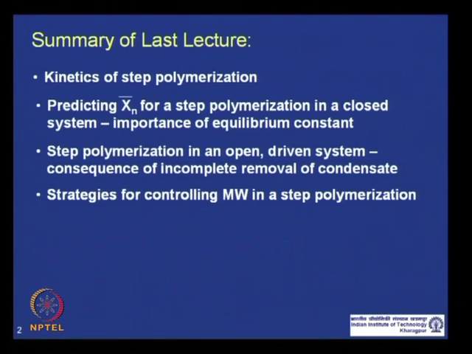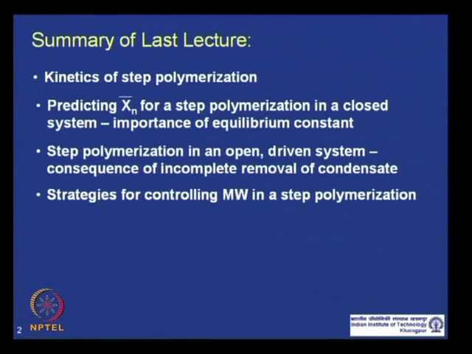We also studied the strategies for controlling molecular weight in a step polymerization, and the two recommended strategies are either to use a slight excess of one of the two bifunctional monomers, or a slight amount of a chain stopper, which is nothing but a monofunctional group.